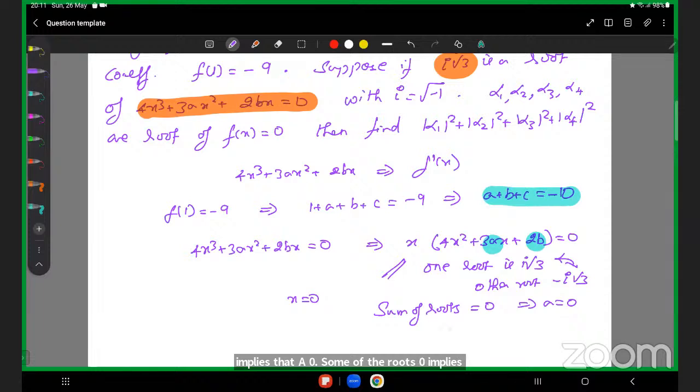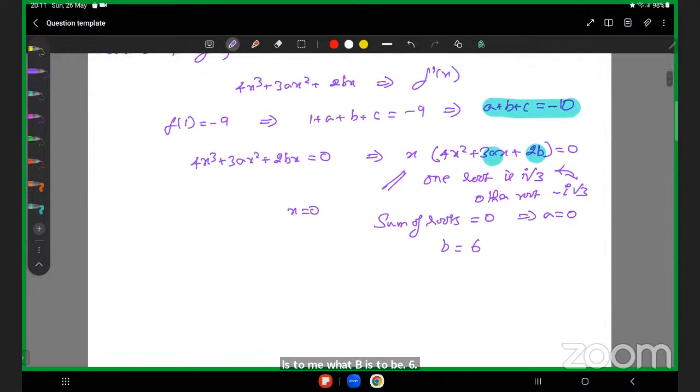And finally we get b to be 6, right? So now proceeding further and substituting in this equation, a plus b plus c equals minus 10.